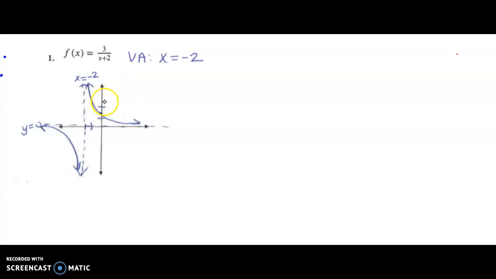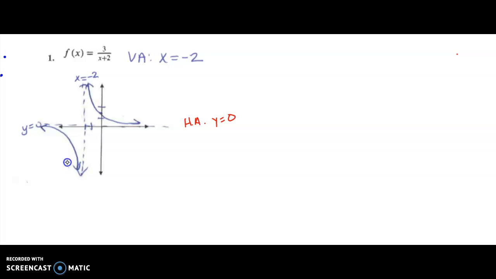Since x cannot equal -2, that's where the vertical asymptote is. This one has a horizontal asymptote at y equals 0. We're going to talk about this in a little bit, and we'll also go over how you know where the horizontal asymptote is, but it's going to look like this.